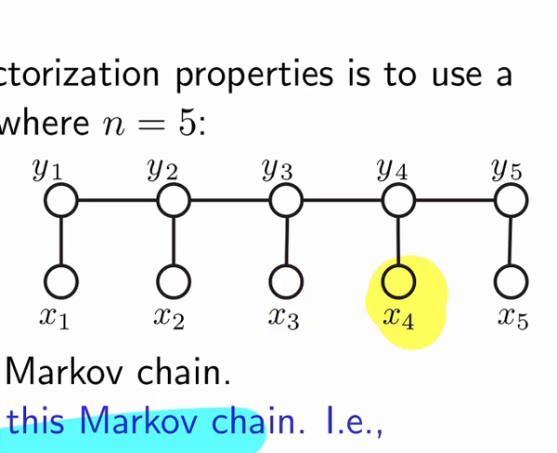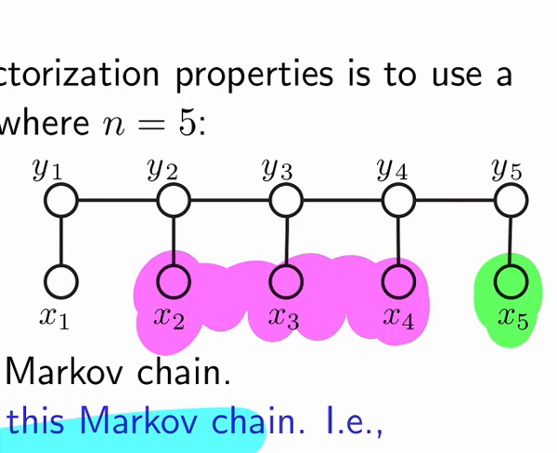Whereas if I know y4, then suddenly x4 becomes separated from everything else, and nothing else matters. But if I just think of it as a stochastic process on x, even if I condition on everything up until time t, like if I know x2, x3, and x4, is x5 separated from x1 given x2, x3, x4? No, certainly not. x1 could still be critical for determining x5 given x2, x3, x4.